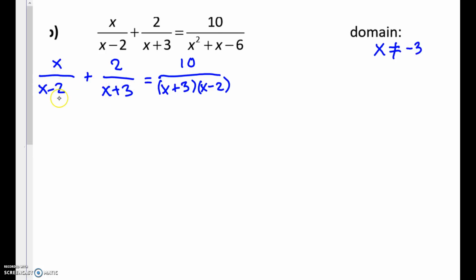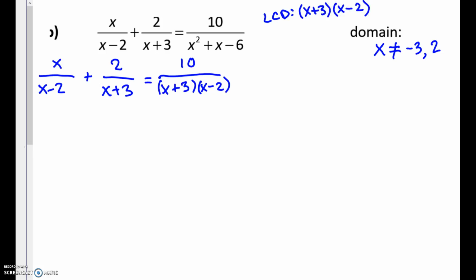And if I had made x +2, ooh, hello, come back, then this other piece would be 0. So my domain is x cannot be -3 or 2. And my least common denominator is going to be x plus 3 times x minus 2.